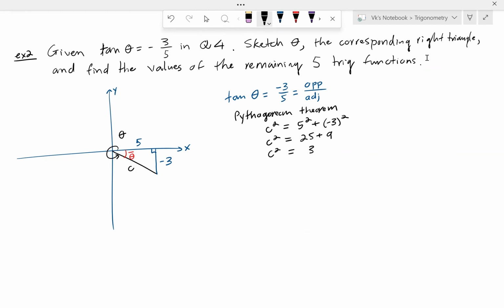C squared is 34. So C is root of 34. Okay, we have C. Well, from here, we can figure out the 5 remaining trig functions.